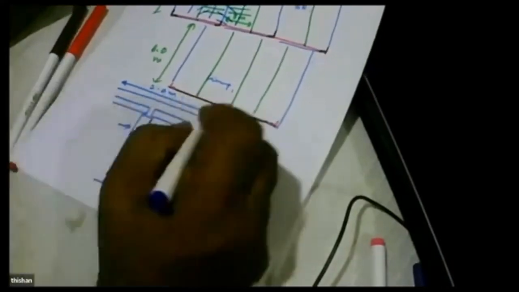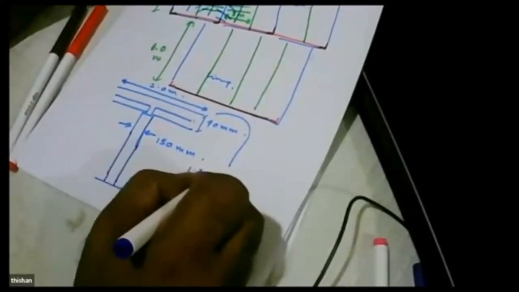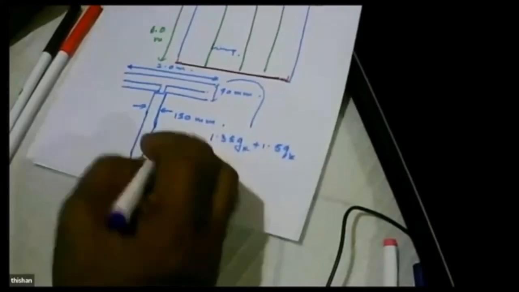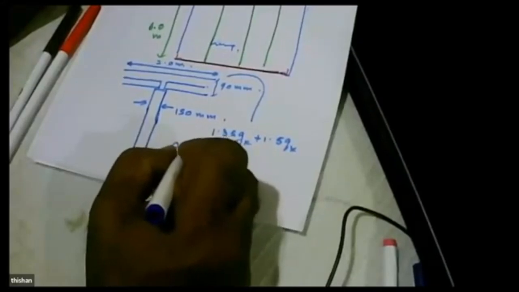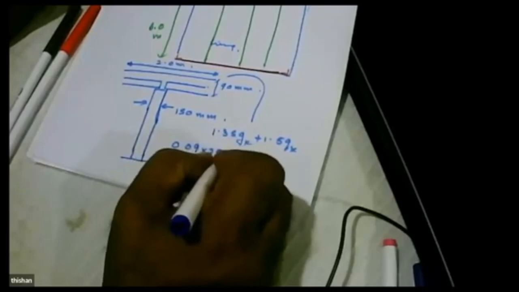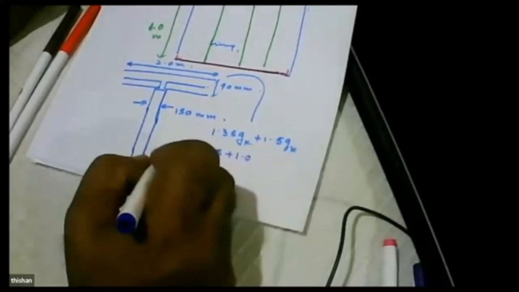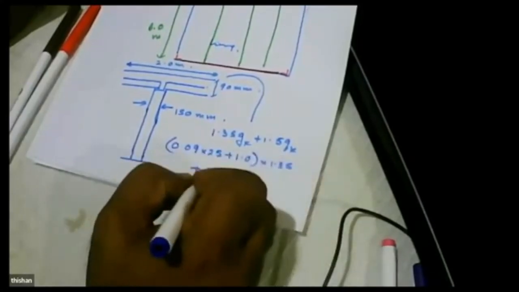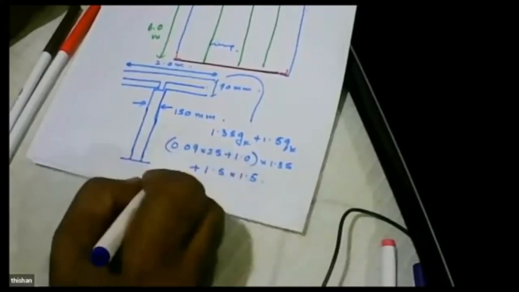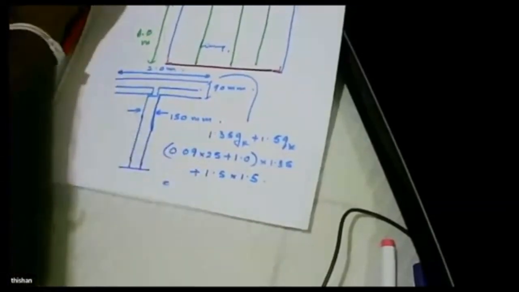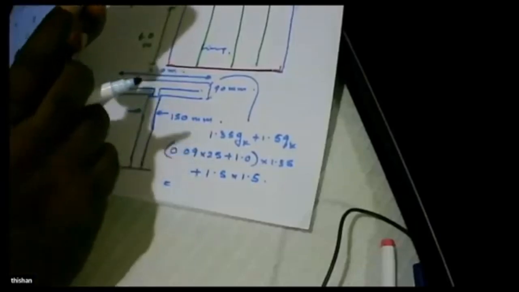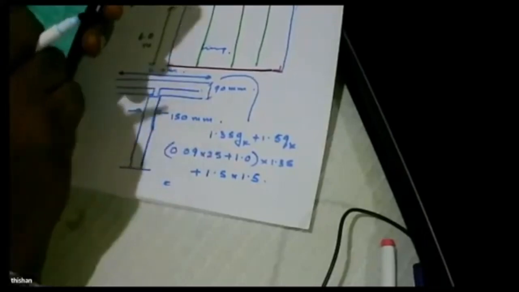So the first thing is, what is the load from the slab? It is given by 1.35 Gk plus 1.5 Qk, and this value will be the weight of the slab, which is 0.09 into 25, plus we can allow about 1.0 for finishes. So we multiply that by 1.35, plus 1.5 times an imposed load of around 1.5, and this will give us a value like 6.63.